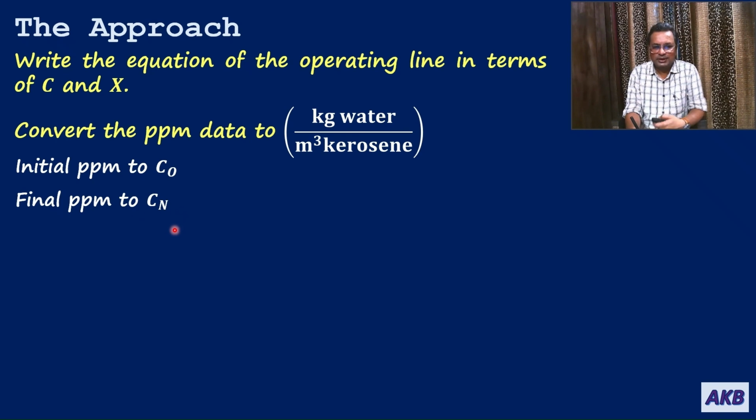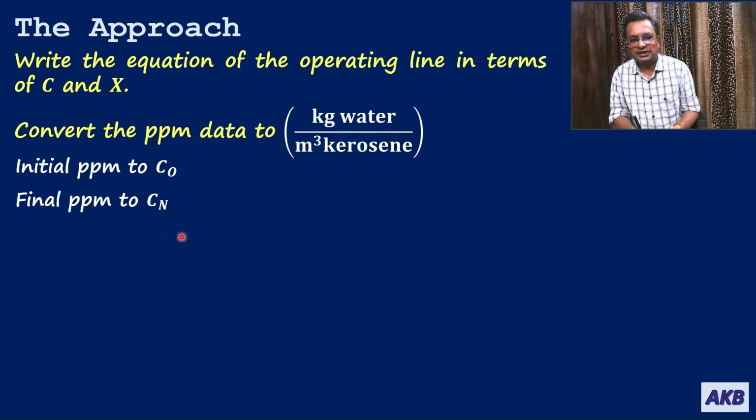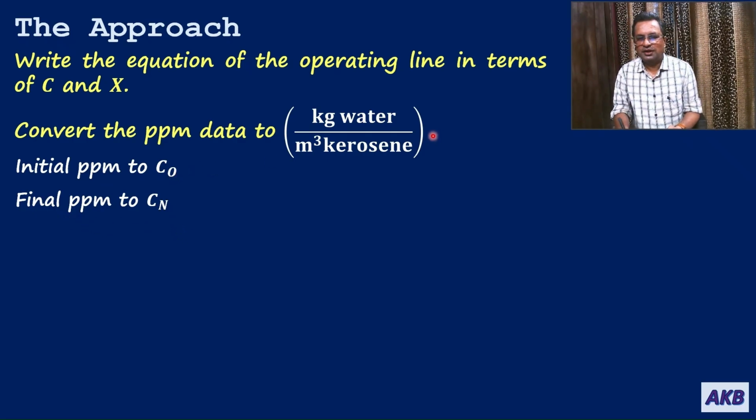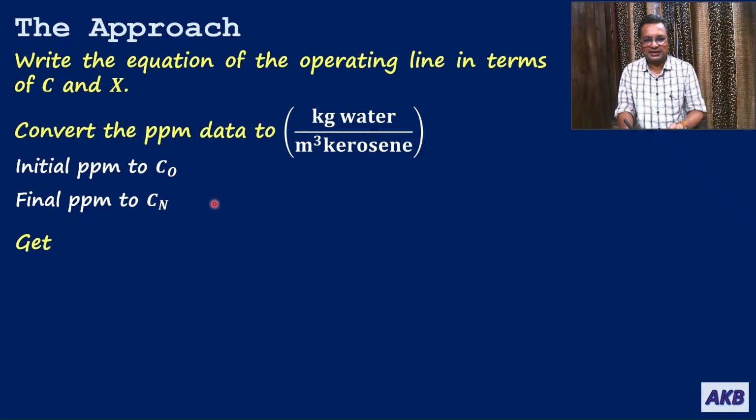So first we will convert the initial ppm to C0 and then the final ppm to Cn. What is C0? Kg water per meter cube of kerosene initially present in the solution, and Cn is kg water per meter cube of kerosene that would be present in the kerosene after the end of the operation. So that would be the second step.